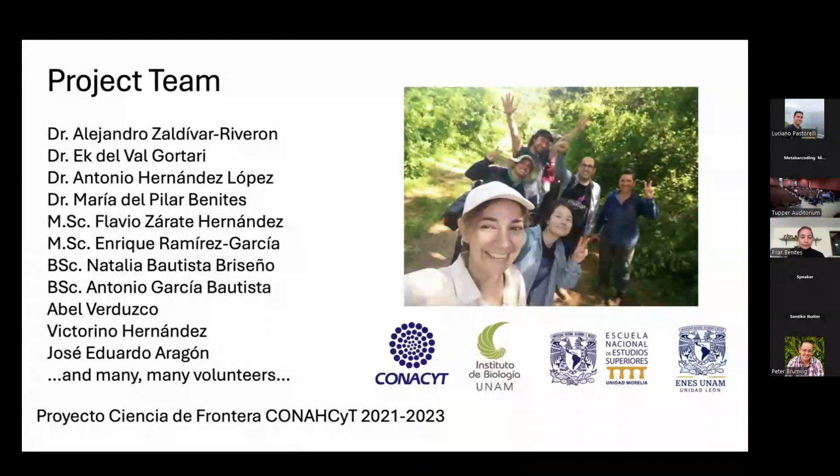So we started this project in 2021, like I said, as part of a Proyecto Ciencia de Frontera grant. We had a really big team. This project is a collaboration between different institutes and organisms inside UNAM, and the leader of the project is Alejandro Saldívar Riverón, but we have different researchers and students involved to make this possible.